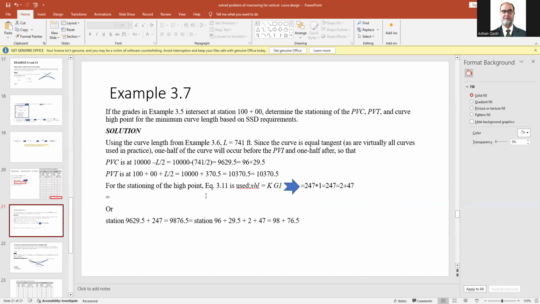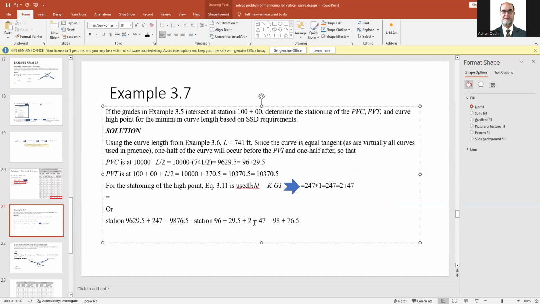If the problem that we have solved earlier, and we say that the intersection of the curve intersect at a station 100 plus 0, we have to determine the stationing of PVC, PVT, and the curve high point. So if you use this curve length, we have determined earlier in that example.